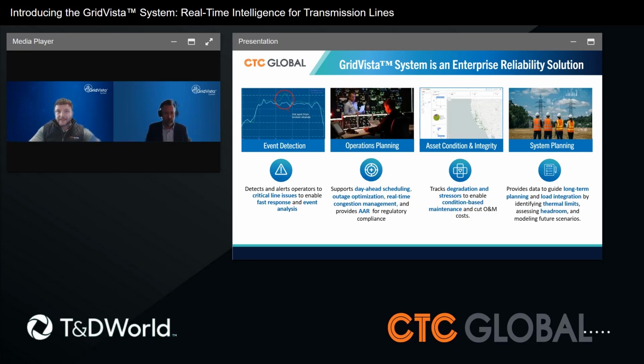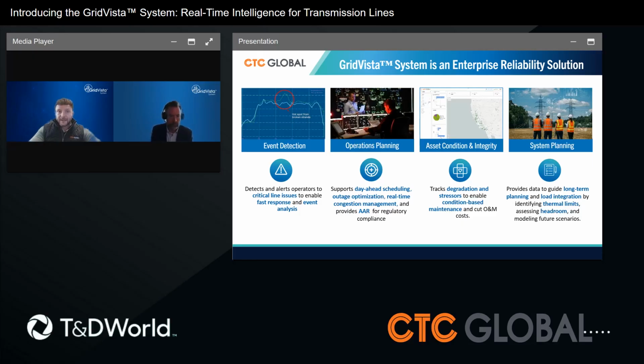From an asset condition and integrity standpoint, it monitors long-term degradation and external stressors to support condition-based maintenance and optimize replacement schedules, reducing O&M costs. For operations planning, it supports day-ahead scheduling and outage optimization, enables real-time operational responses such as congestion management, and provides direct ambient adjusted ratings for compliance wherever applicable.